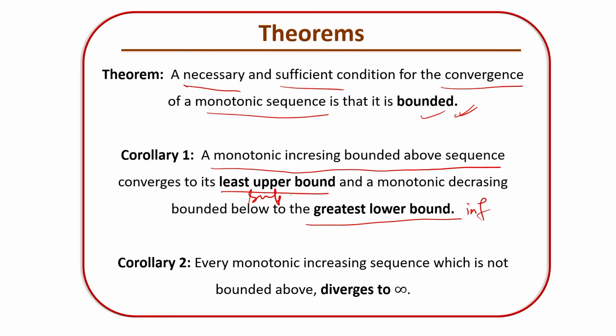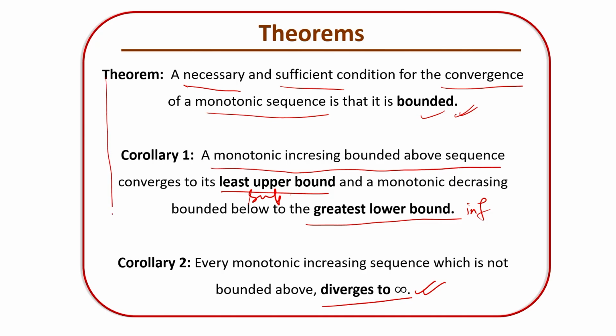Corollary 2: every monotonically increasing sequence which is not bounded above diverges to plus infinity. Similarly, every monotonically decreasing sequence which is not bounded below diverges to minus infinity.